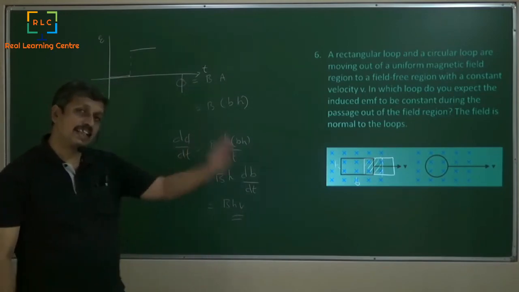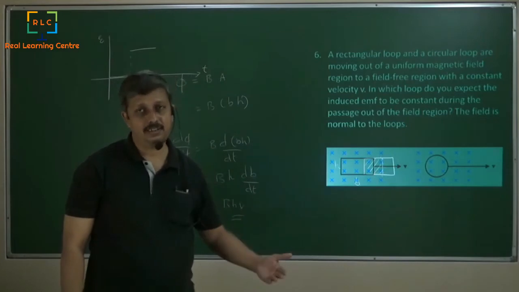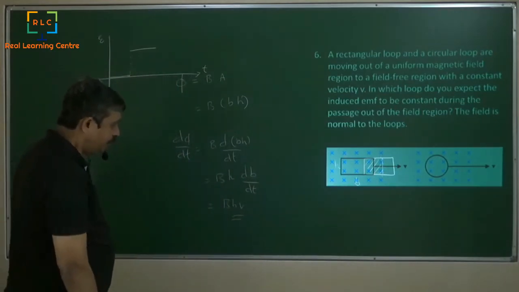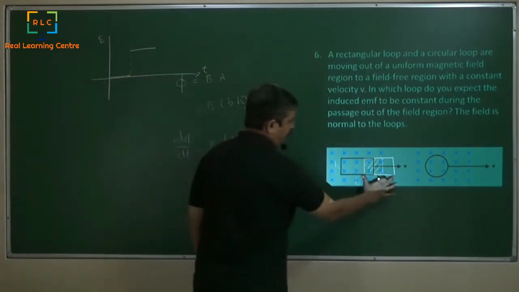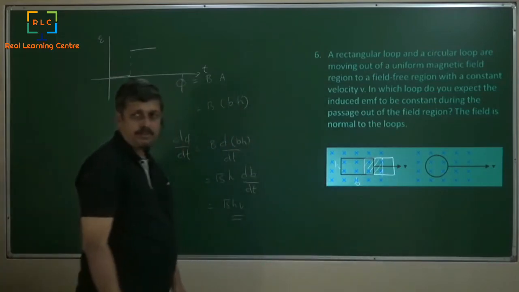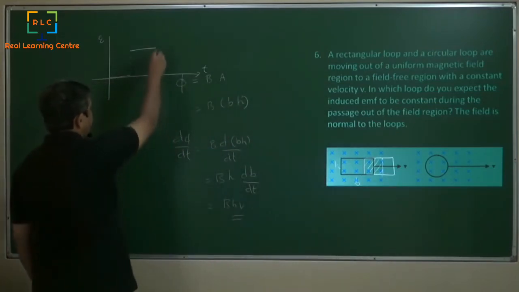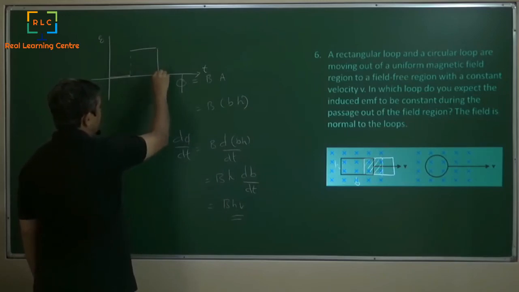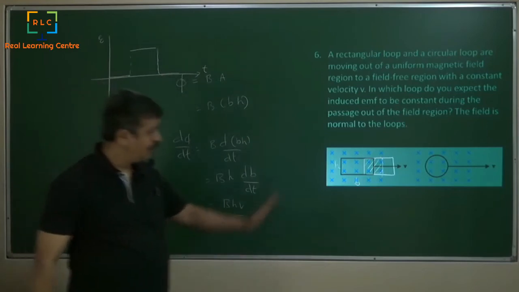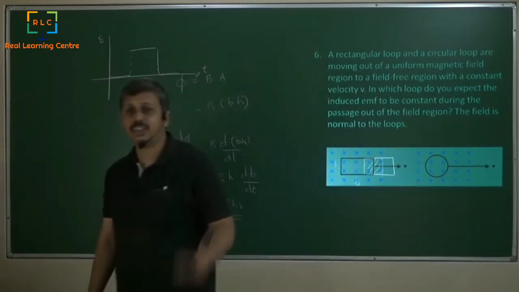How fast the area is changing is constant. Up till this distance that finishes off, it will be like this, and then again it will become 0, because once it is fully out, there is no change again.